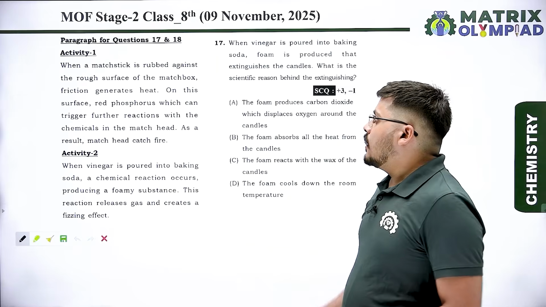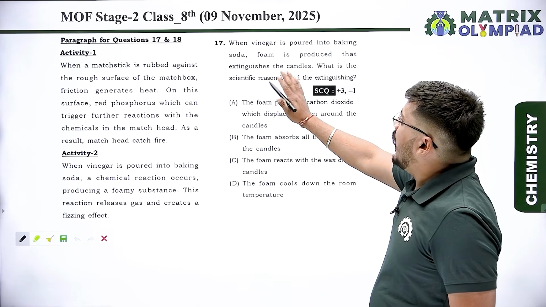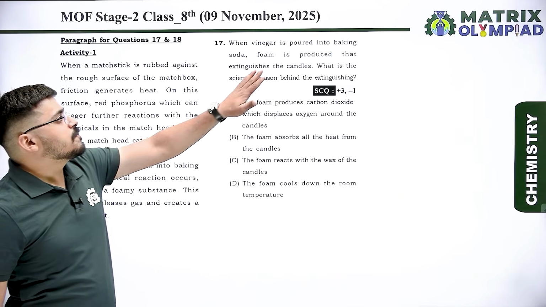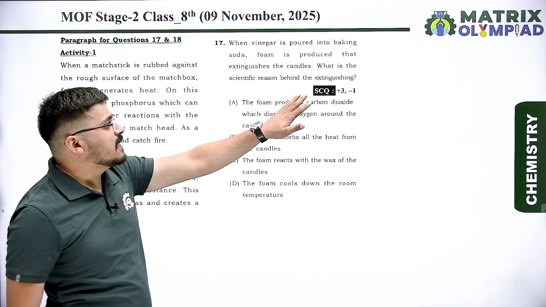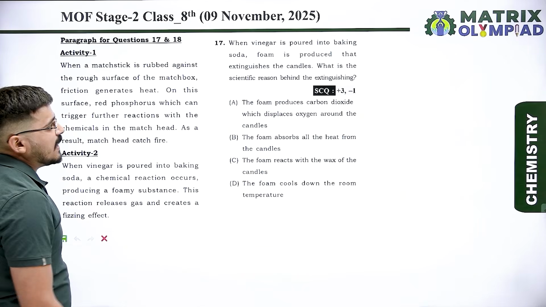Let's check the questions based on these two activities. Question number 17. When vinegar is poured into baking soda, foam is produced that extinguishes the candles. What is the scientific reason behind the extinguishing? So let's check the options.